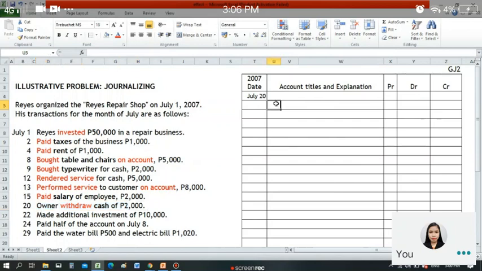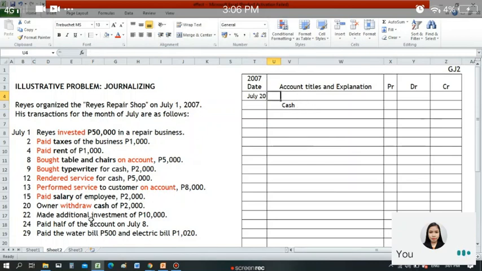So when we decrease cash, by rules of the normal balance, for you to decrease the asset, because cash is an asset, you must credit it. Meaning, ang nawala kay business is the cash. So we credit cash.